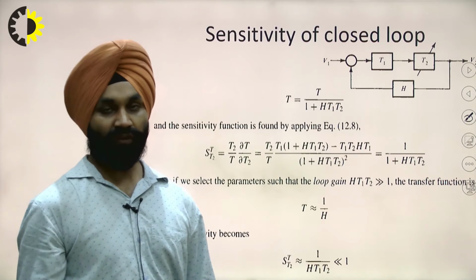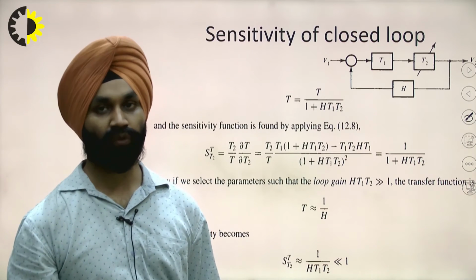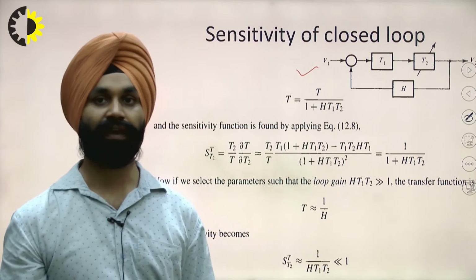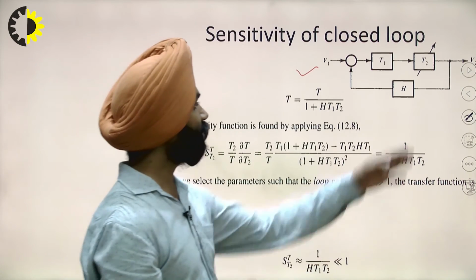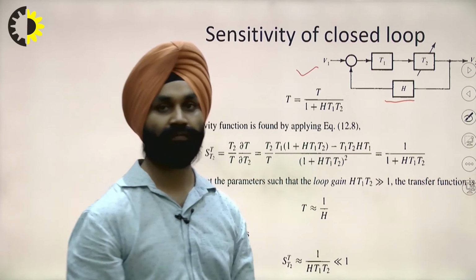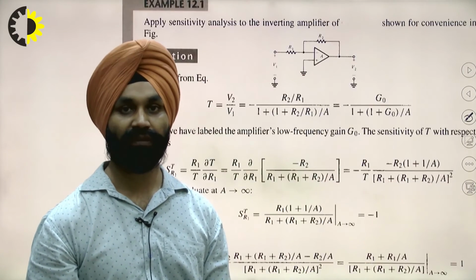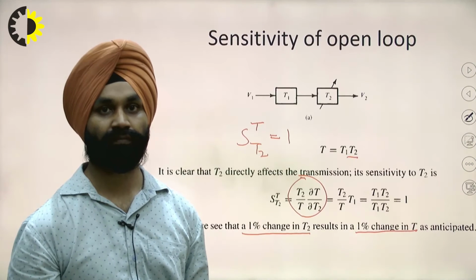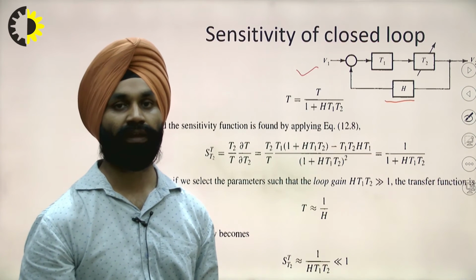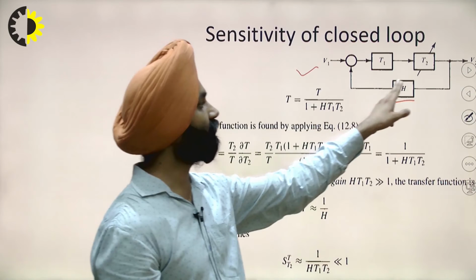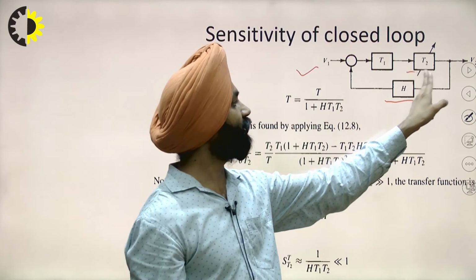Now another configuration is the closed loop. Let's suppose we have this closed loop transfer function, and again let's suppose the closed loop has gain H. The varying component is T2.